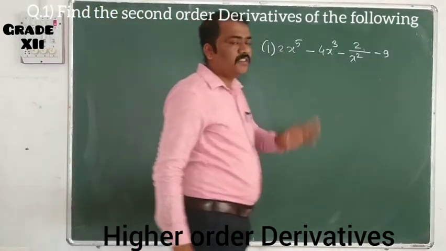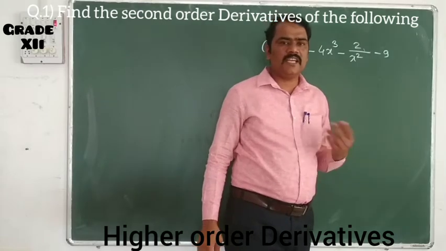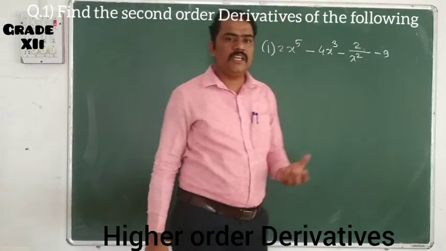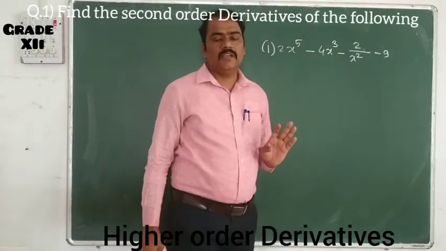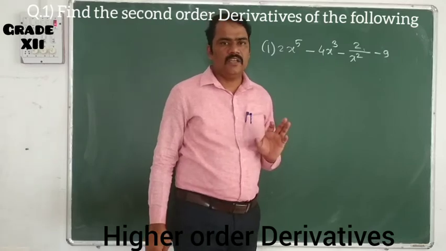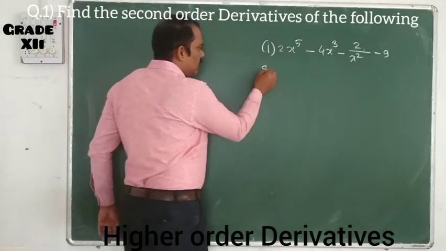We have to find its second order derivative. Second order derivative means we have to take the derivative of this given function 2 times. Okay, so we start the solution.